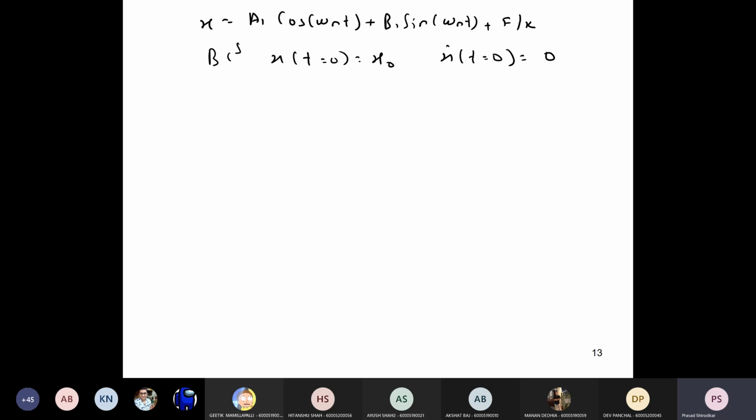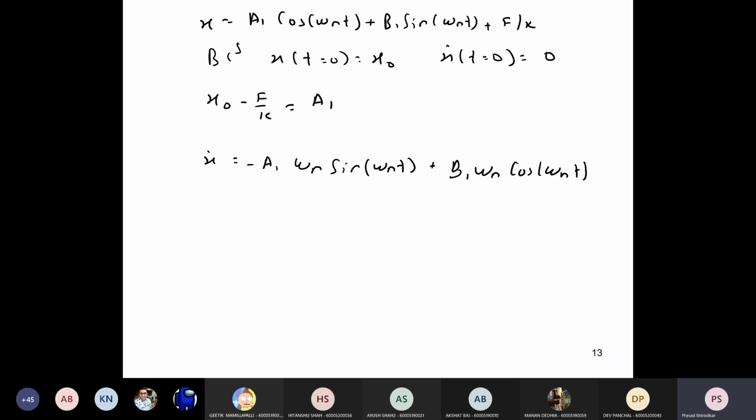Substitute t equal to 0, so I get x0 minus F by k equal to a1. Take the derivative: x dot equals a1 into omega n into minus sin omega n t, so the first term is negative, plus b1 into omega n into cos omega n t, and the derivative of the constant is 0.